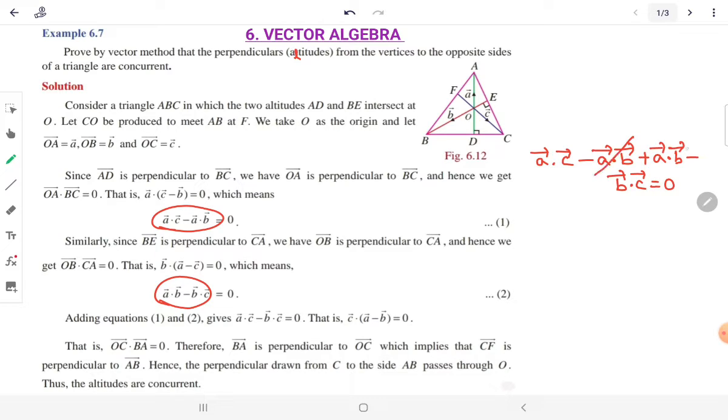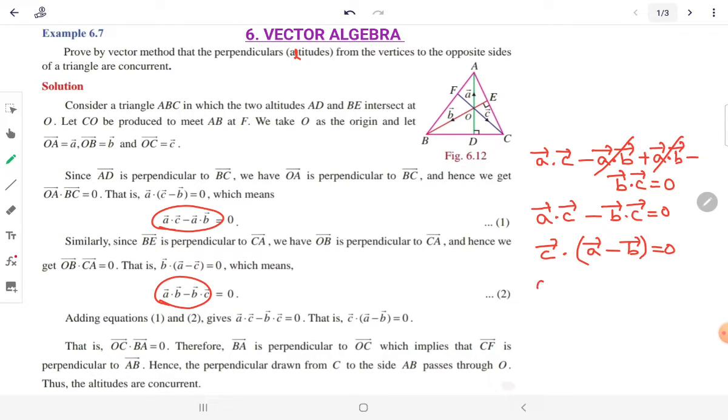So clearly minus A dot B plus A dot B gets cancelled. From the remaining, A dot C minus B dot C is equal to 0. So take C as common. We get C dot (A vector minus B vector) is equal to 0.